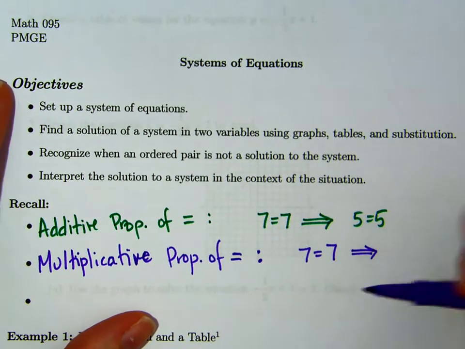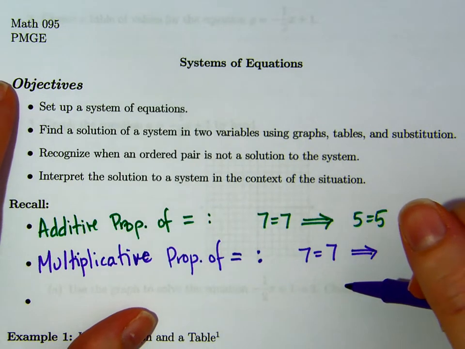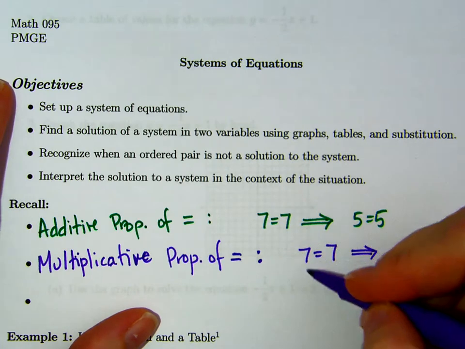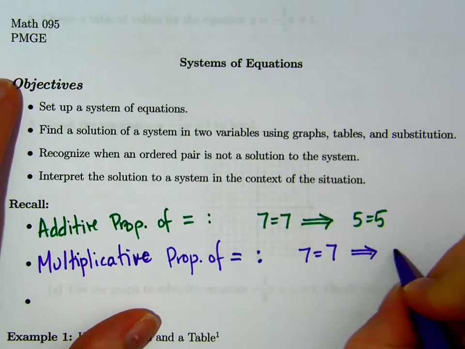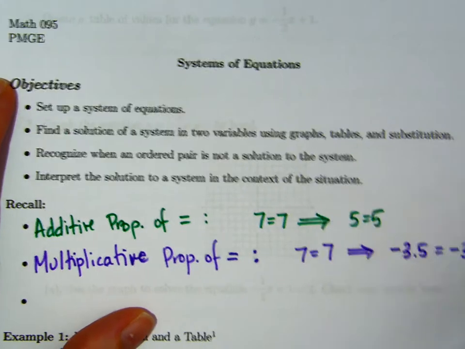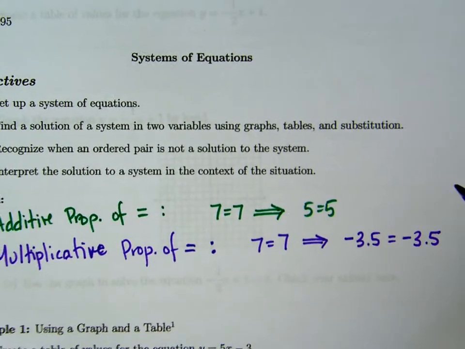I don't know, let's scale down by -2. So let's take an opposite and half of each one of these. Still equals.